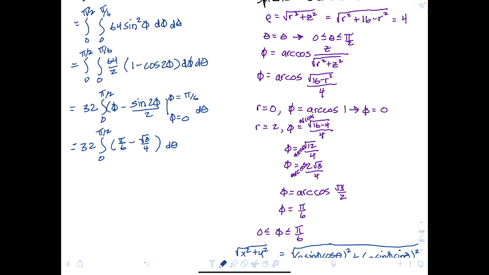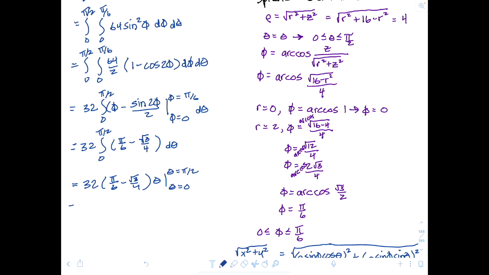All right, so now, here we go. We'll just go ahead and integrate. We have 32 times pi over 6 minus root 3 over 4. And then theta. And theta will be going from 0 to pi over 2. So the lower limit will zero out.